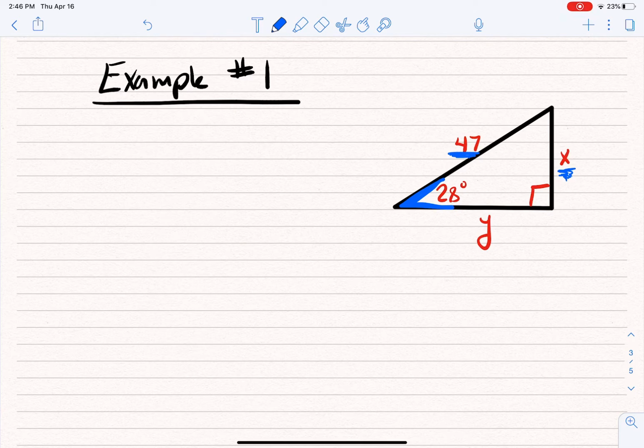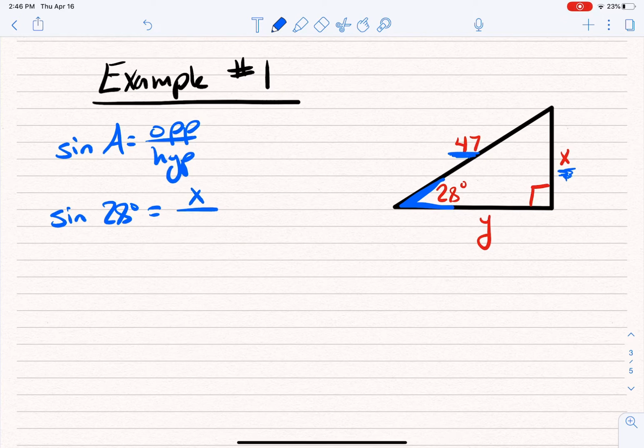So I've got to use a trig function that involves opposite and hypotenuse. Well, that's easy. It's sine. I know that the sine of any angle is always equal to the opposite over the hypotenuse. So in this case, that would mean that the sine of 28 degrees is equal to the opposite x over the hypotenuse, 47.